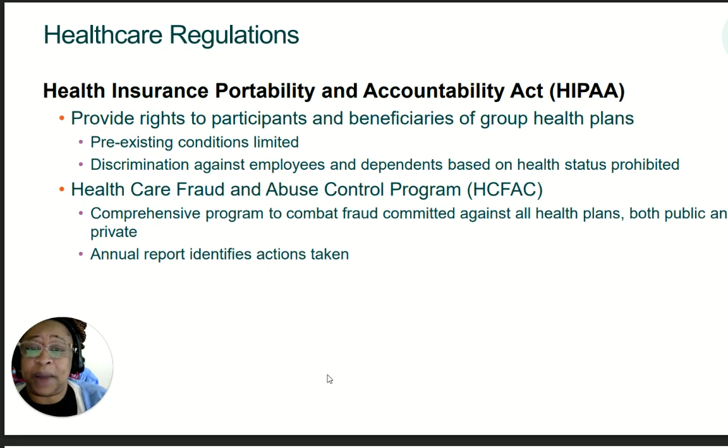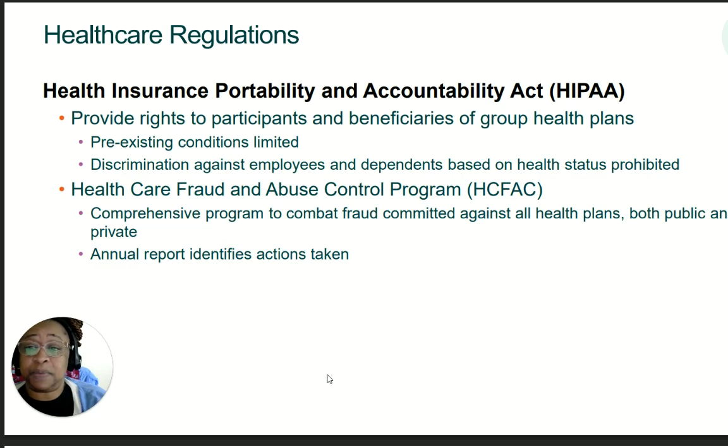Now, let's talk about HIPAA, the Health Insurance Portability and Accountability Act. It provides rights to participants and beneficiaries of group health plans. Pre-existing conditions were limited, and discrimination against employees and their dependents based on health status was prohibited.